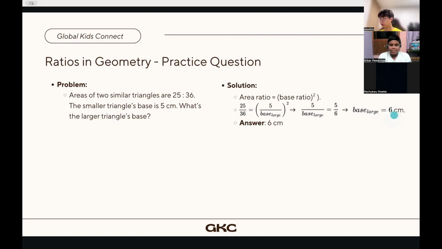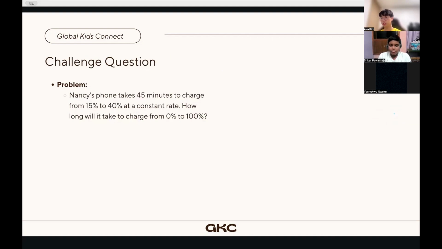And so, this moves us into the first challenge question of today. The challenge question states that Nancy's phone takes 45 minutes to charge from 15% to 40% at a constant rate. So, how long will it take to charge from 0% to 100%?